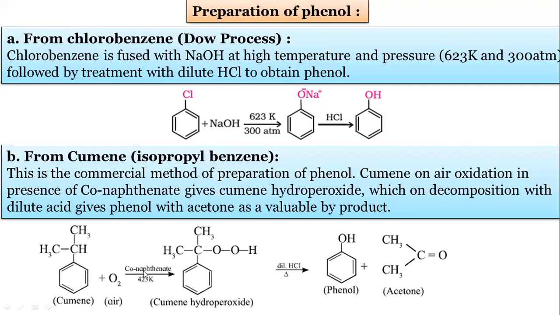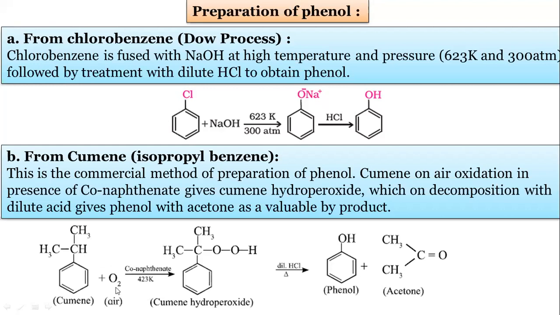It is used as a catalyst here, and the temperature is 423. If you remember the temperature, you can write, or if you forgot the temperature, leave it. But don't write the wrong temperature, you will lose your marks. If you remember the name of the catalyst, cobalt naphthalate, you can write, otherwise leave it. Only air oxidation is sufficient.